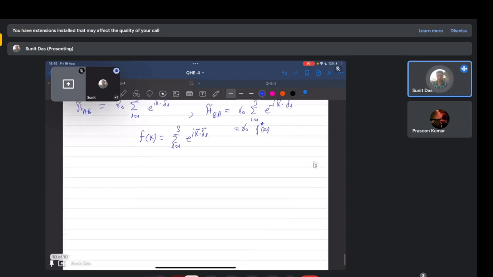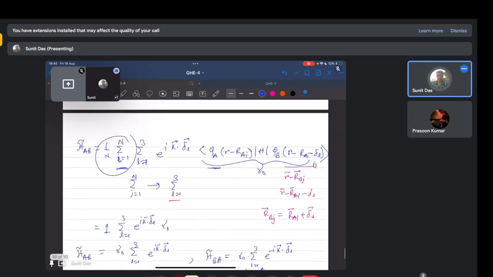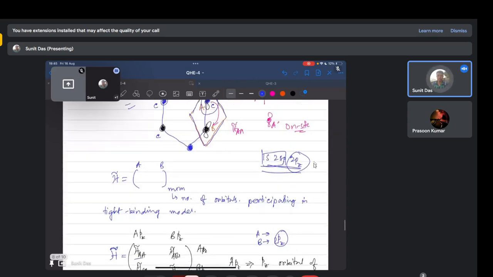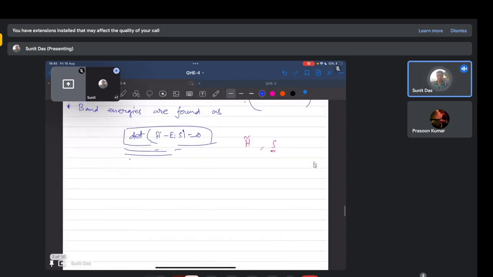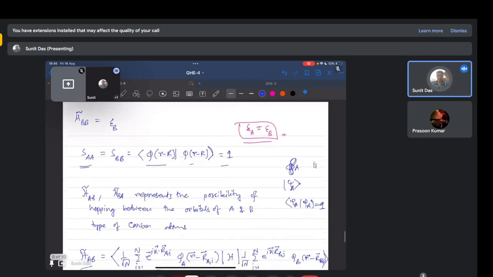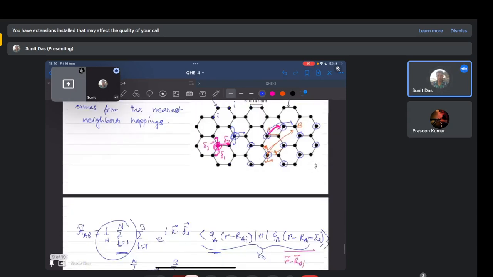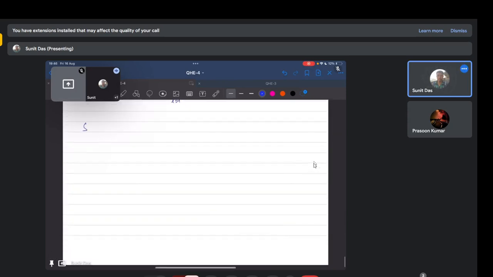Similarly, we can also evaluate the overlap integral. Remember that in this expression we needed to evaluate h tilde as well as S. We already had SAA and SBB to be 1, but we have not evaluated SAB and SBA, where SBA star is SAB.